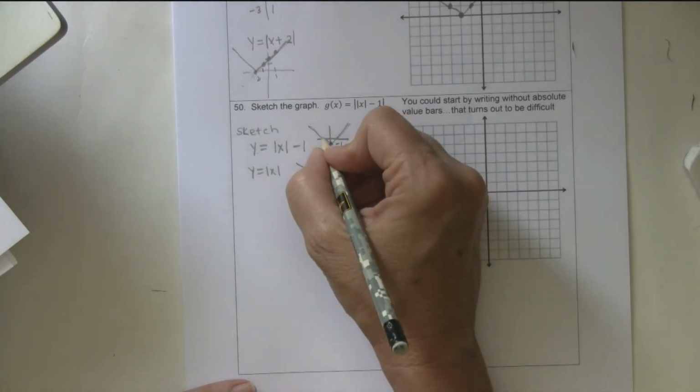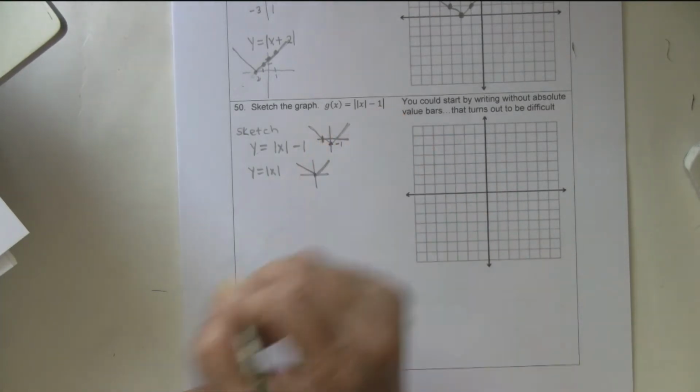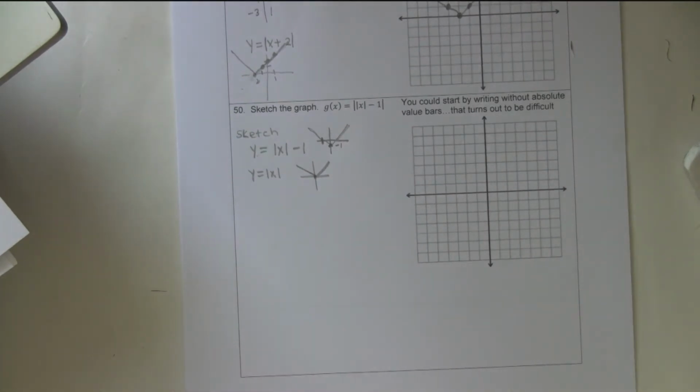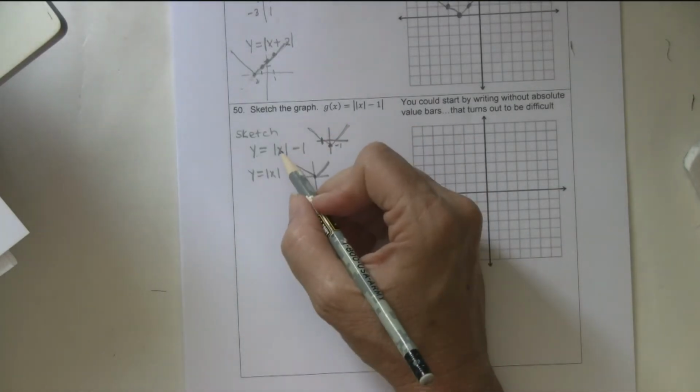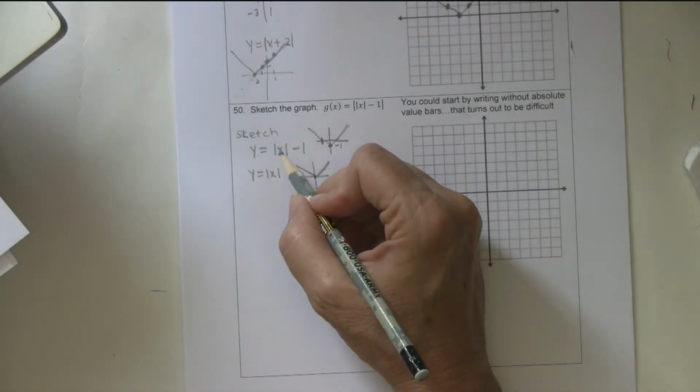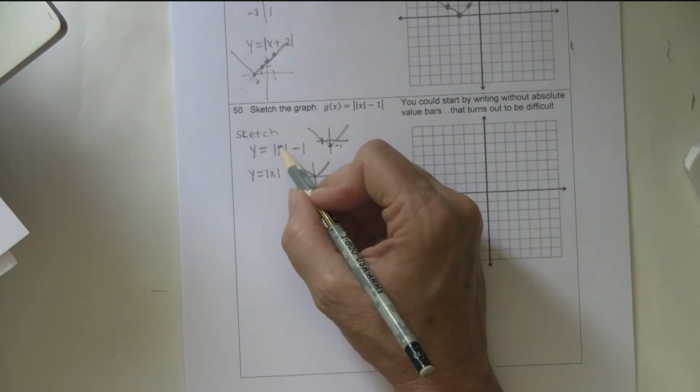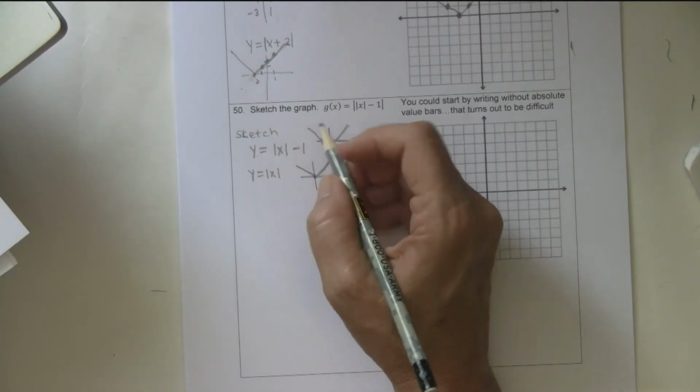So where is this crossing right here? Can you think of where that would be crossing? Yeah, since the y value there has to be 0, it has to be that that's crossing right there at, do you guys agree, -1, right? Because the absolute value of -1 is 1, and 1 minus 1 is 0.